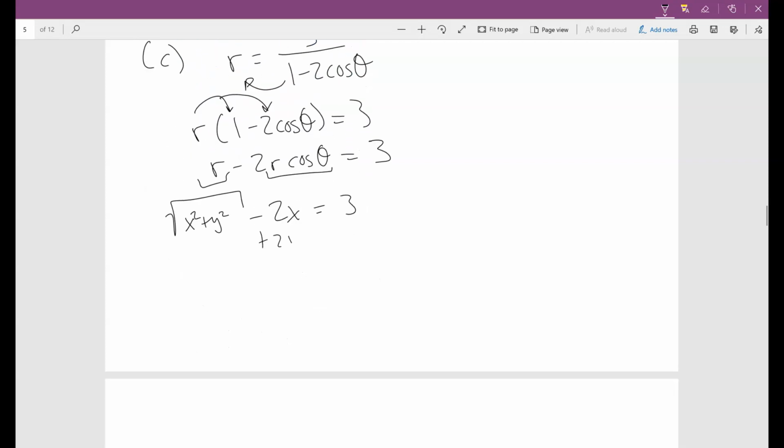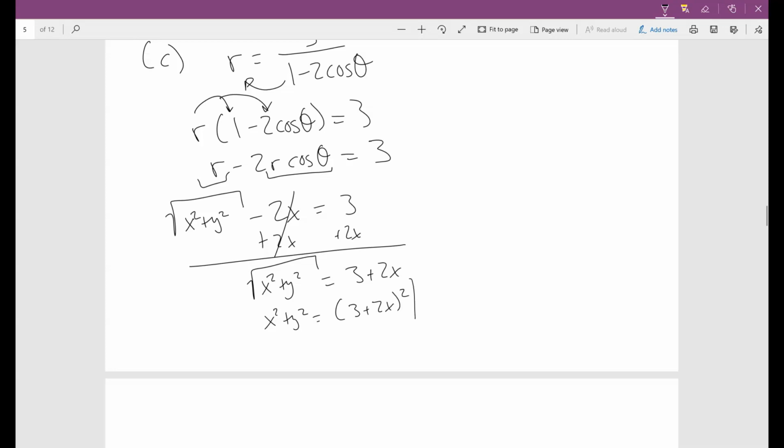I can add the 2x over if I wanted to. So I'm going to have the square root of x squared plus y squared is equal to 3 plus 2x. And then square both sides, I end up getting 3 plus 2x whole quantity squared. At this point, you can just leave it as is to get rid of the square roots. Again, we're going to leave it like that for now.